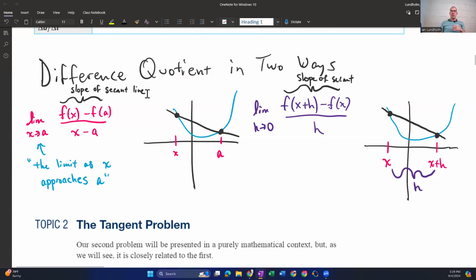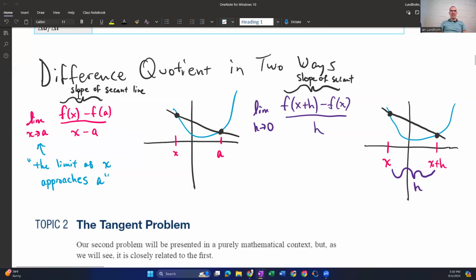And normally when we phrase it this way, we would be saying that we're taking the limit as x approaches a, meaning that x is the one that we are allowed to slide around and get closer and closer to a, and a is the one that's gonna stay fixed. But this is the form that we were looking at on that graph that I just did.